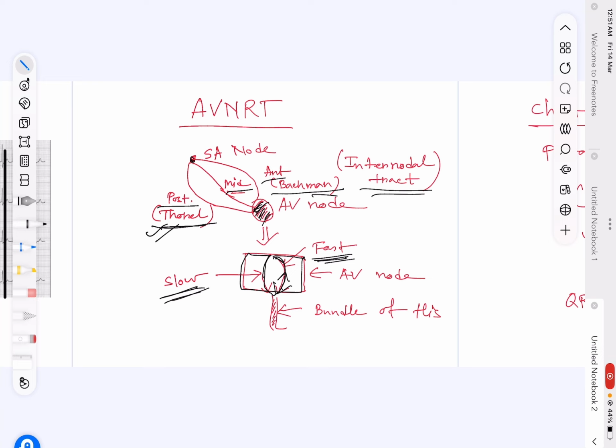Okay, this is AVNRT. In AVNRT, the electrical impulse which is coming down the slow pathway, once it reaches the lower end, circles back up the fast pathway and establishes a re-entrant circuit. This is AVNRT.